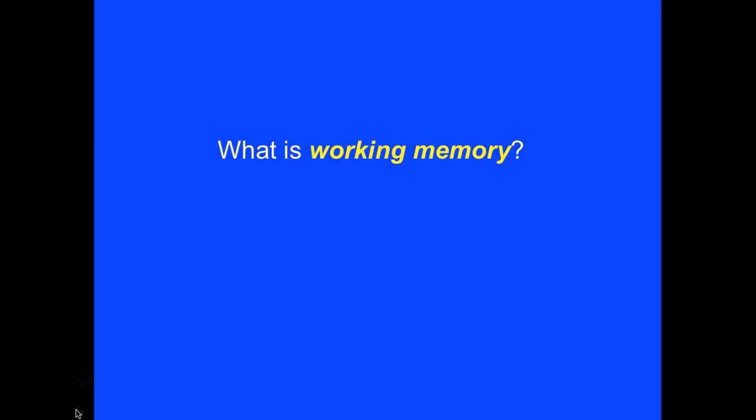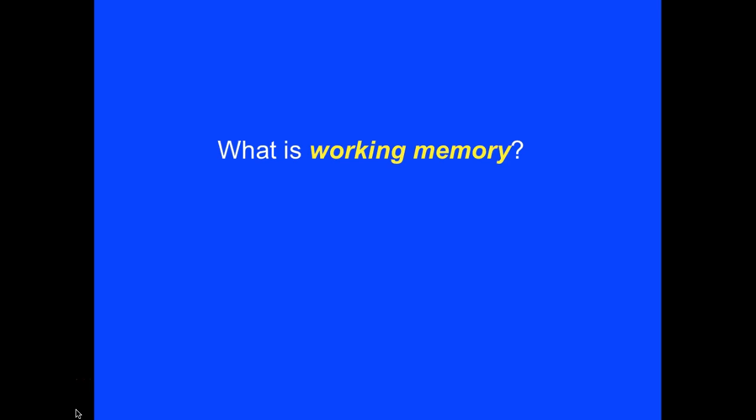So first of all, let me define either the term short-term memory or working memory. Let's start with short-term memory. Short-term memory is a somewhat old-fashioned word that has been updated by Alan Baddeley and others to the more contemporary working memory term.